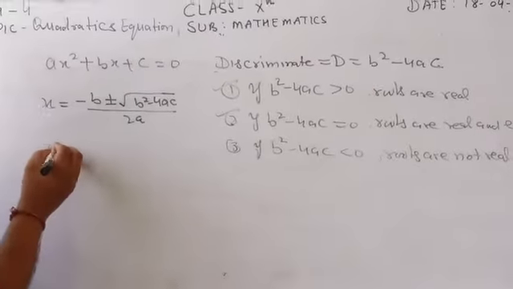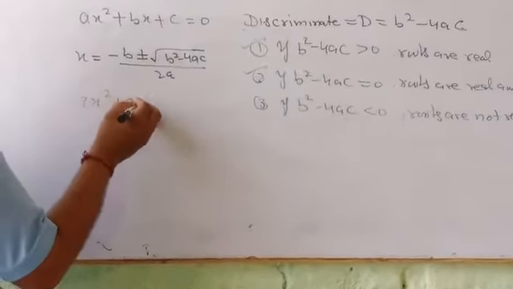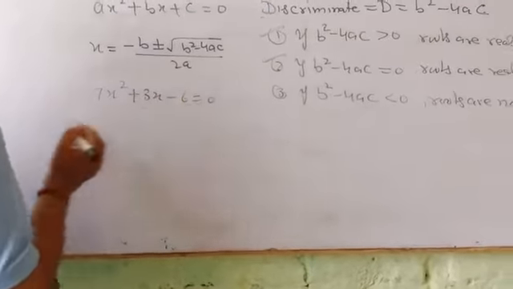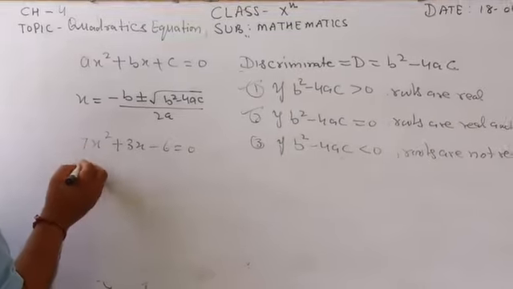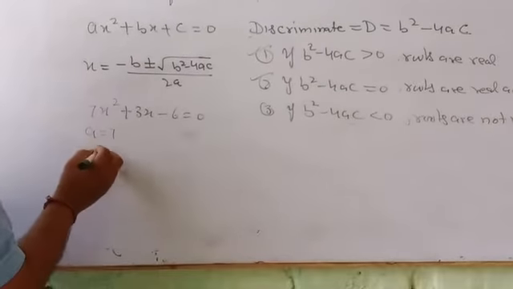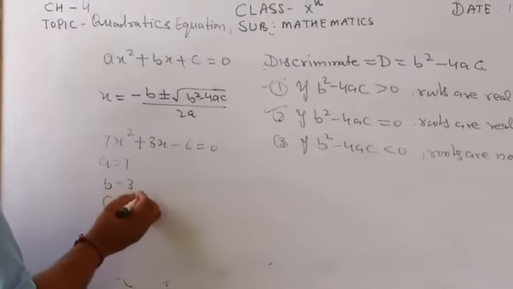We take another question: 7x square plus 3x minus 6 equal to 0. First we check the discriminant, then apply the formula. So a equal to 7, b equal to 3 and c equal to minus 6.